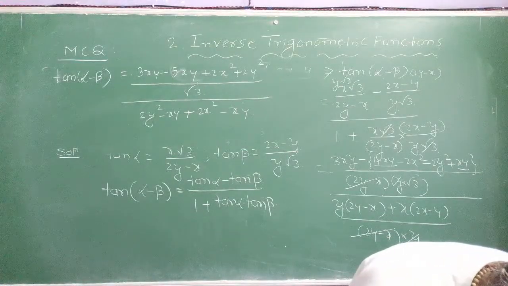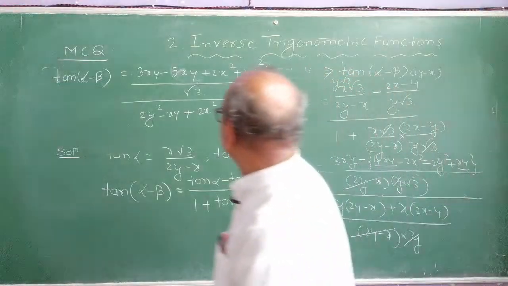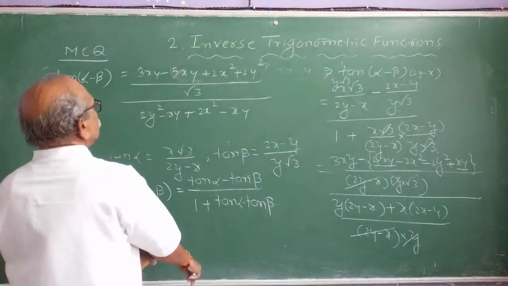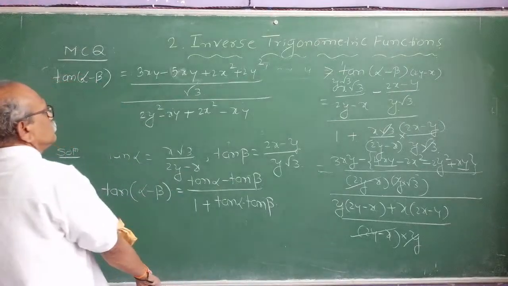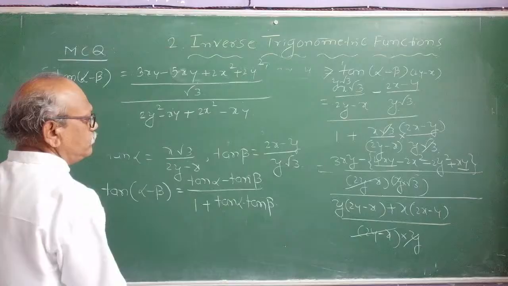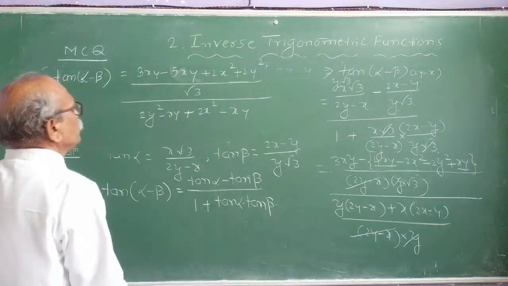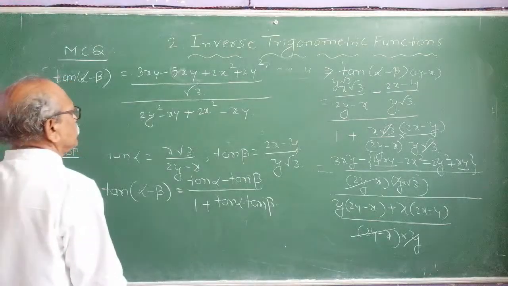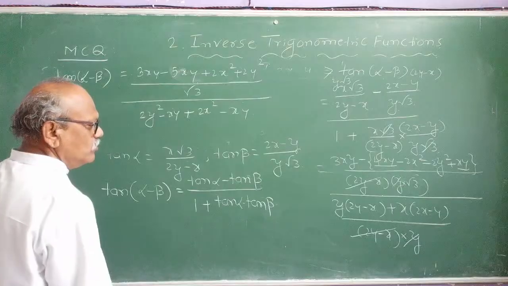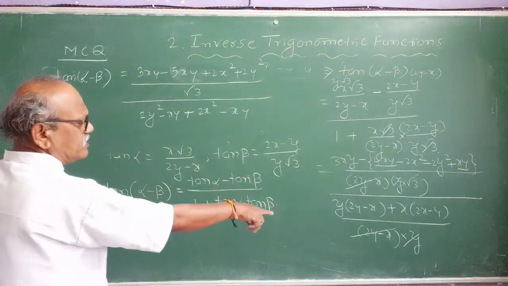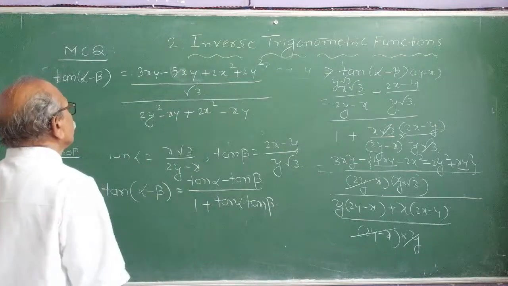Check your answer. What are you left with? 3xy minus 5xy minus 2x square minus 2y square becomes plus 2x square plus 2y square. You have 2y minus x cancelled, y cancelled, you are left with root 3 here.